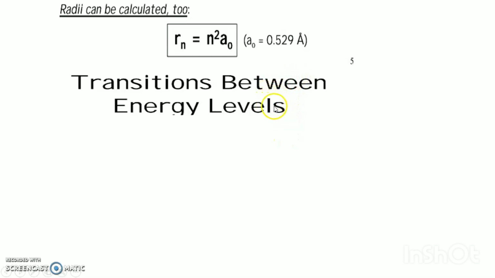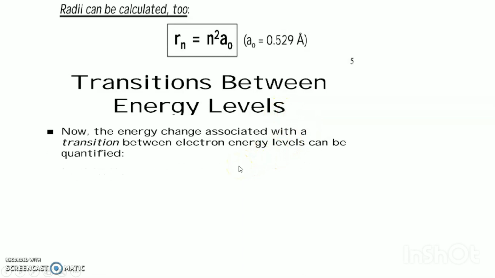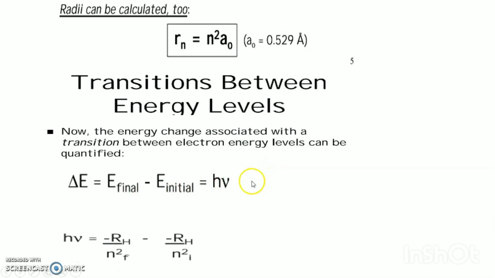Transitions between energy levels. The energy change associated with transitions between electron energy levels can be quantified: delta E is equal to E final minus E initial, which is equal to h nu. Final energy minus initial energy is the change in energy, equal to h nu, where h is the Planck constant and nu is the frequency.